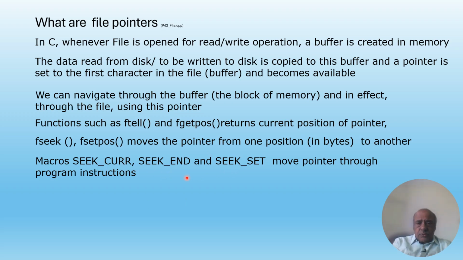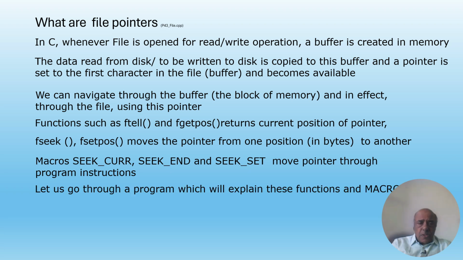These macros move the pointer through the file using the program instructions. We will see how these functions and macros are used for navigating through a file using the pointer. We will go through a program that will demonstrate and explain the functions and macros related to file pointers.